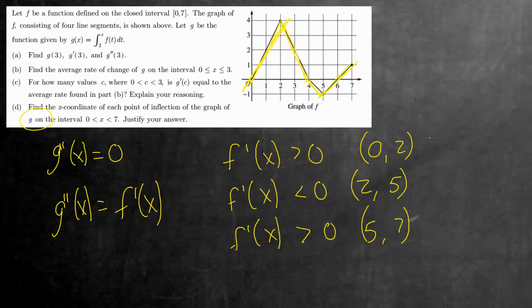So because it goes from positive to negative, and then from negative to positive, there will be 2 points of inflection on the graph of G. They would occur at 2 and 5.